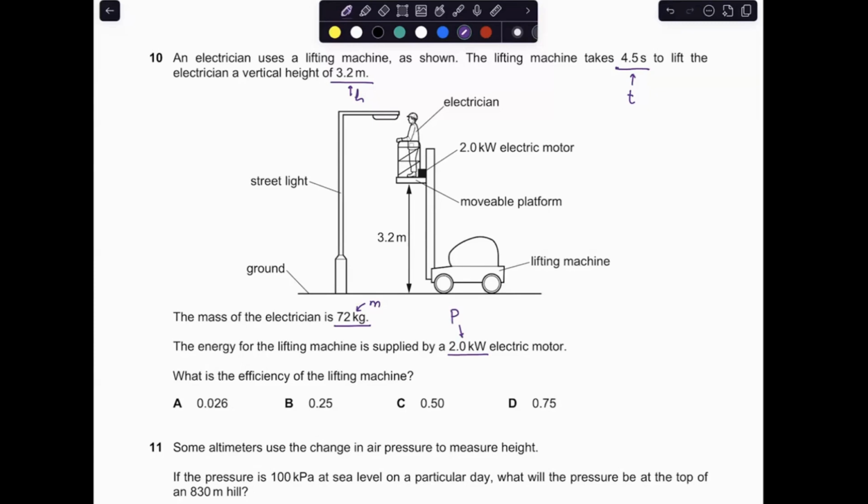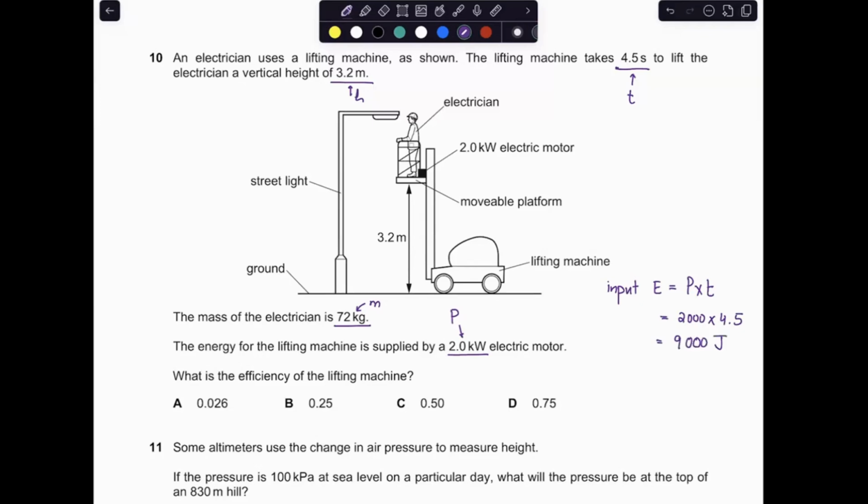We also know how long it takes, which is 4.5. That means we can calculate the input energy easily. Input energy, E, is just going to be power into time. The power is 2000 watts, and the time it takes is 4.5 seconds. So that is 9,000 joules.